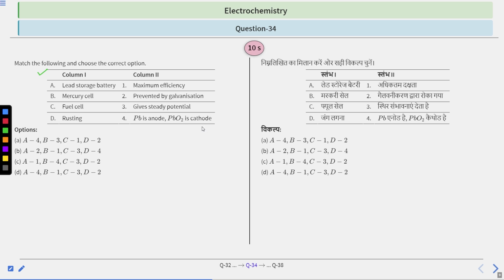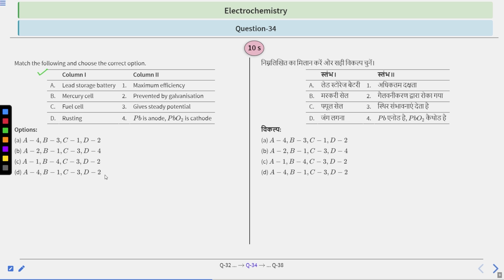Options are: A to 4, B to 3, C to 1, D to 2; A to 2, B to 1, C to 3, D to 4; A to 1, B to 4, C to 3, D to 2; A to 4, B to 1, C to 3, D to 2. You have 10 seconds to solve this question.